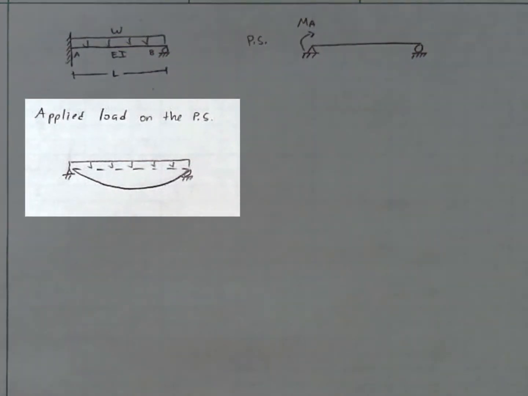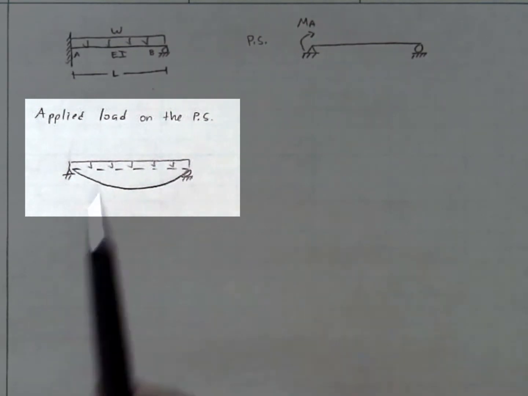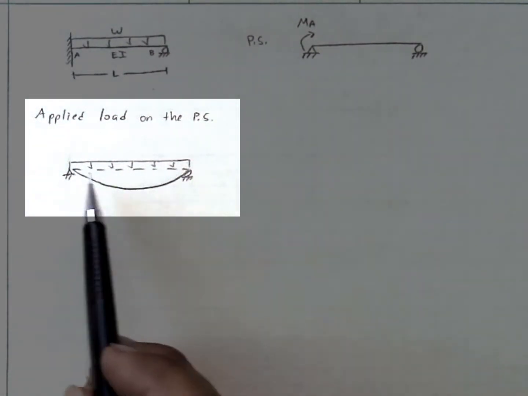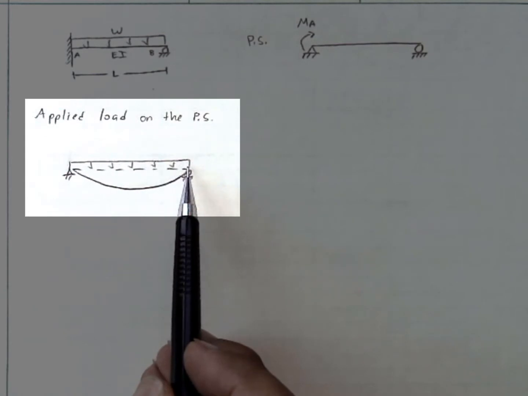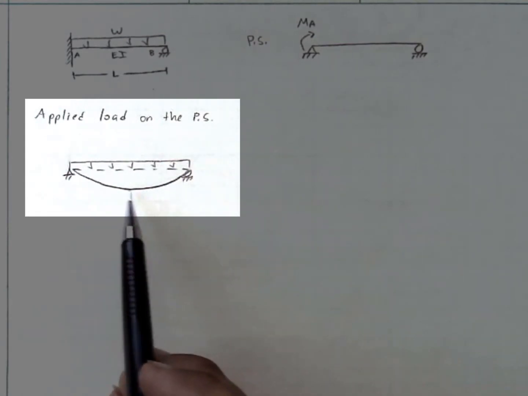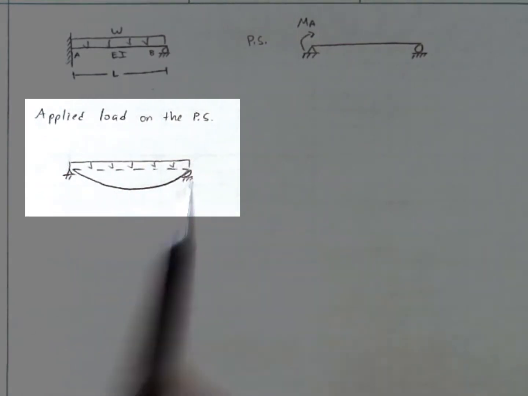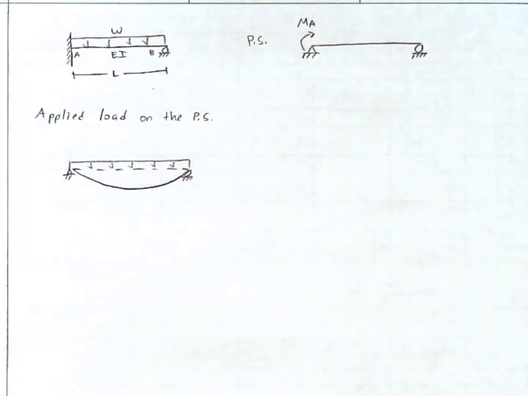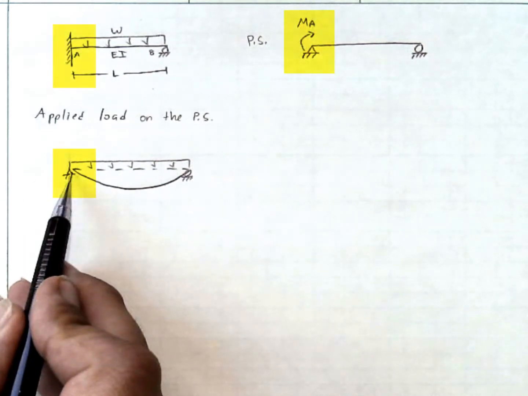Here, I'm showing the deformed shape of the primary structure subjected to the applied load. This is the undeformed shape, uniform load is the applied load, and we have a smooth curve like this. The relevant deflection that we need to keep track of is the rotation over here at the end.